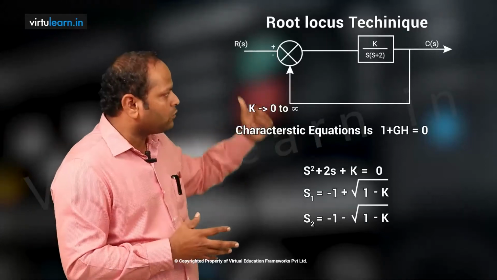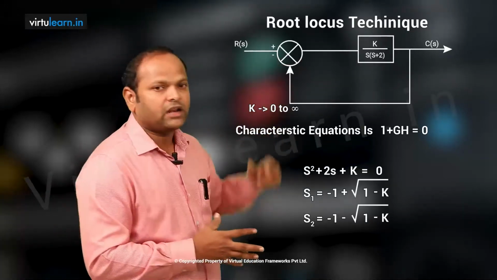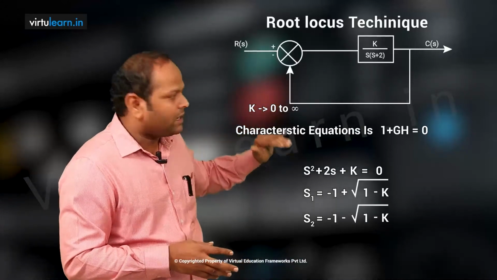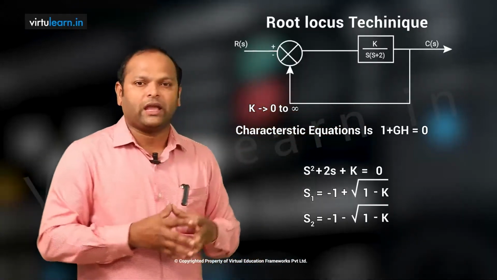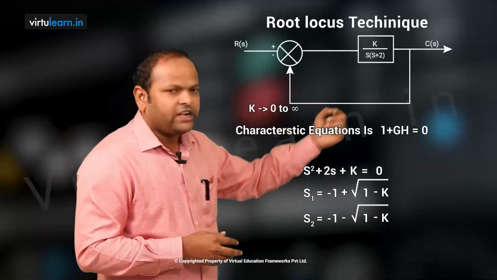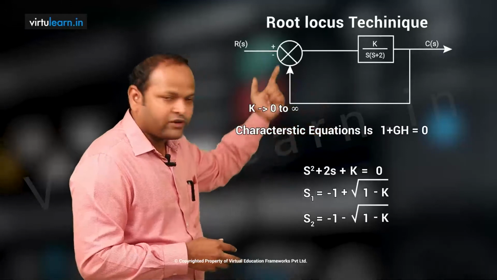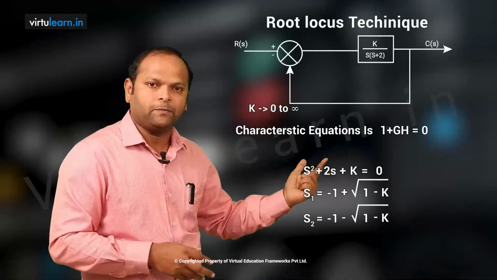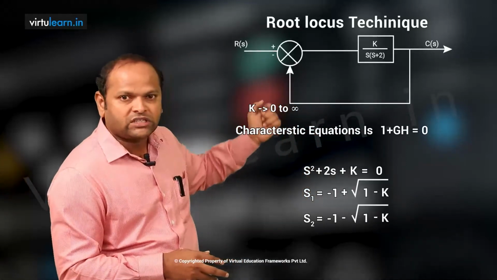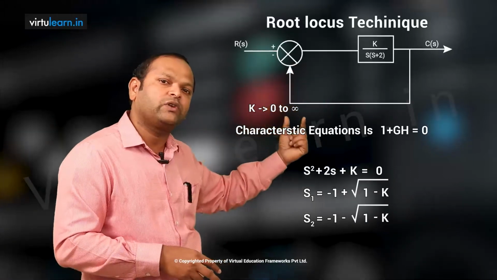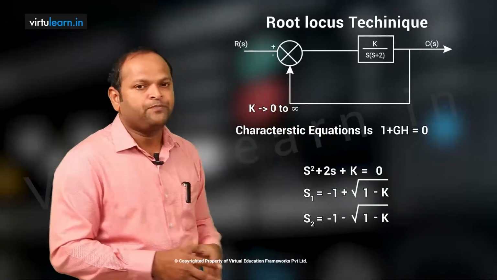These two are the roots of this particular equation. But we do not have a direct value here, instead we have a parameter k. So, it is very clear from these two, s1 and s2, that when k is varying, the s1 value and s2 value will vary. What are these s1 and s2? These are the roots of this characteristic equation, or as I said, s1 and s2 are my closed loop poles.